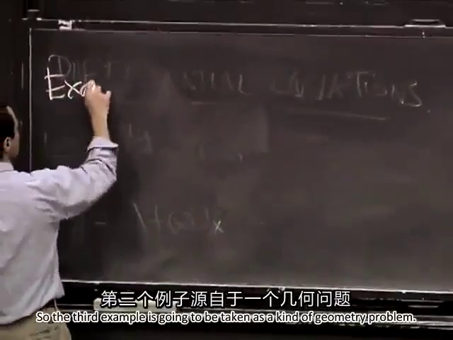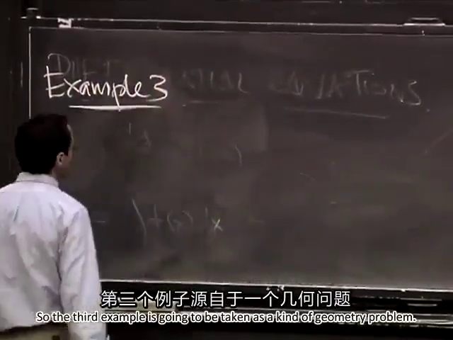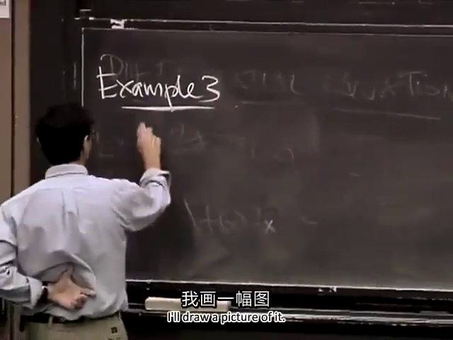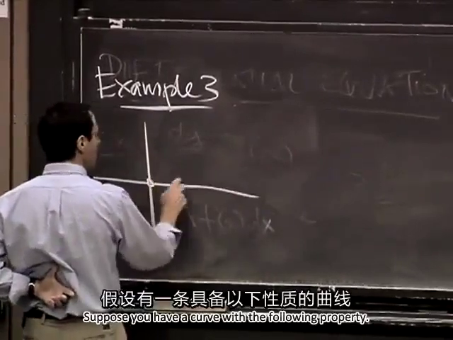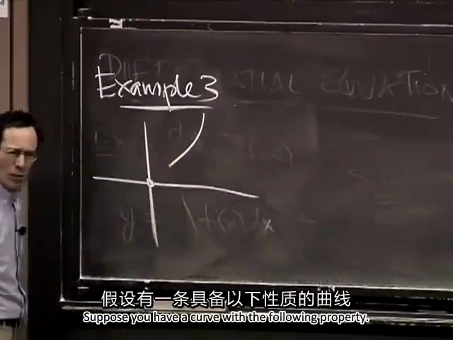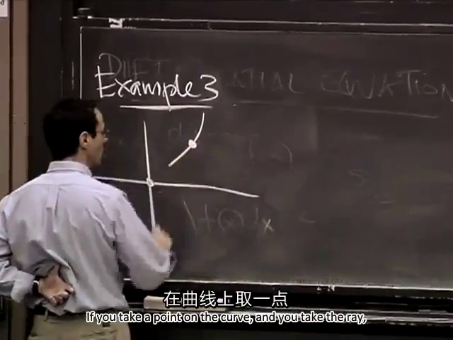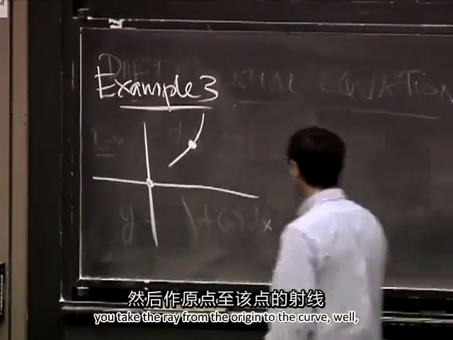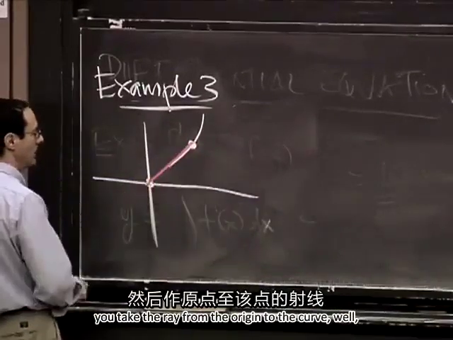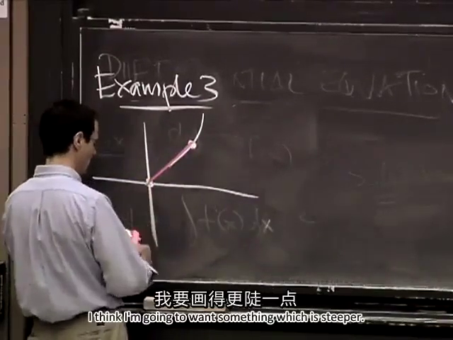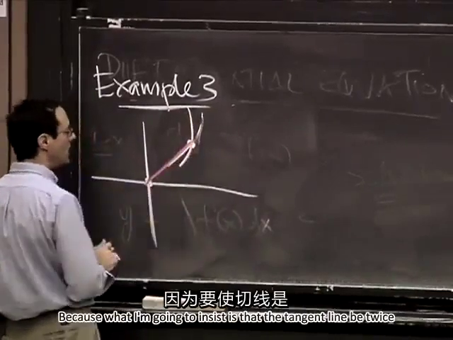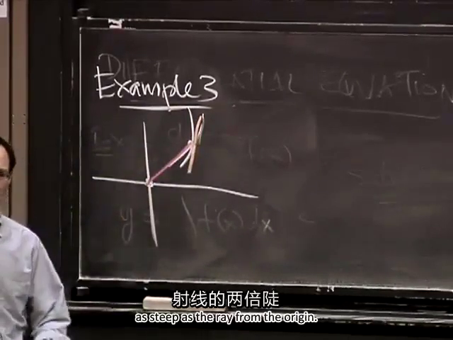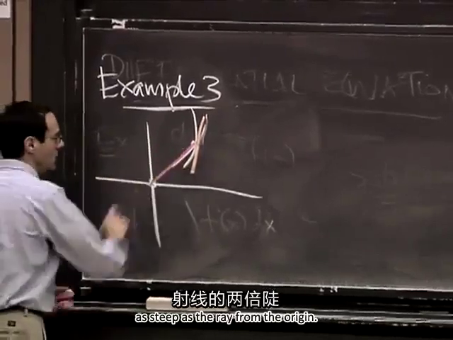Okay, so the third example is going to be taken as a kind of geometry problem. I'll draw a picture of it. Suppose you have a curve with the following property. If you take a point on the curve and you take the ray from the origin to the curve, I'm going to want something steeper, because I'm going to insist that the tangent line be twice as steep as the ray from the origin.